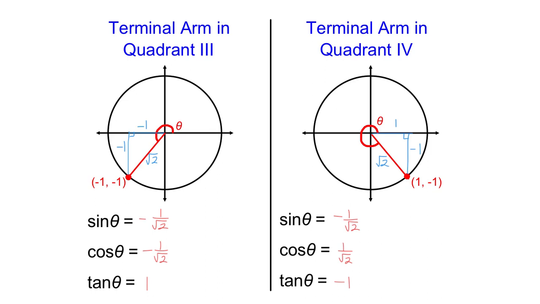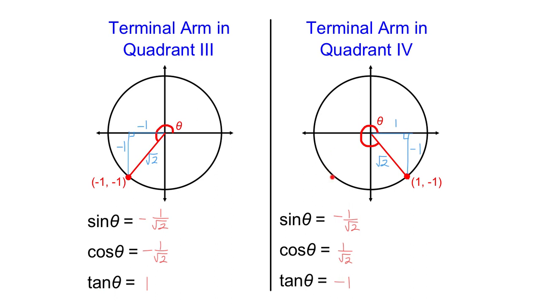Now I could do the same thing, extend down into quadrant 3 and into quadrant 4. I keep rotating that terminal arm around the circle. Notice the signs, plus or minus. The sine of this larger reflex angle is negative for the sine, negative for the cosine, and positive for the tangent.